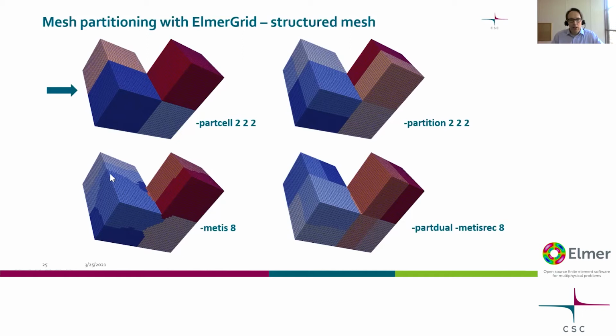But with Metis here, it probably doesn't really minimize the communication. Of course, partitioning into 8 is more complicated than partitioning into 4 here, but still, I don't think these are optimal. I would bet that this one, for instance, is more optimal in minimizing the communication.